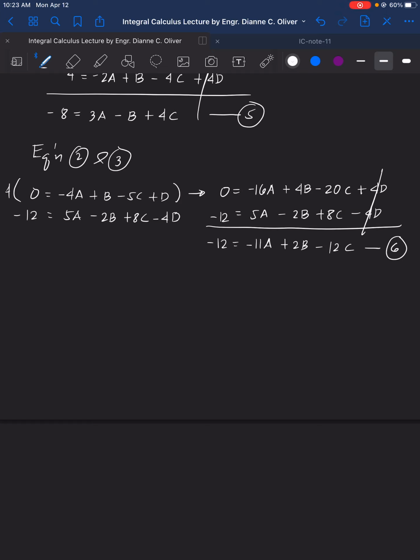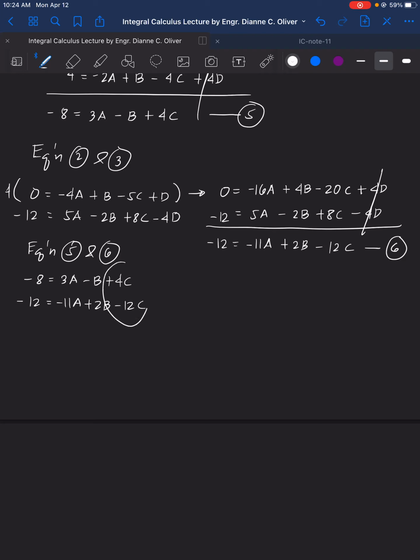Now finally, we have two equations with three unknowns, and we can now eliminate c. So let's focus on equations 5 and 6. So we have here negative 8 equals 3a minus b plus 4c. And we have negative 12 equals negative 11a plus 2b minus 12c.